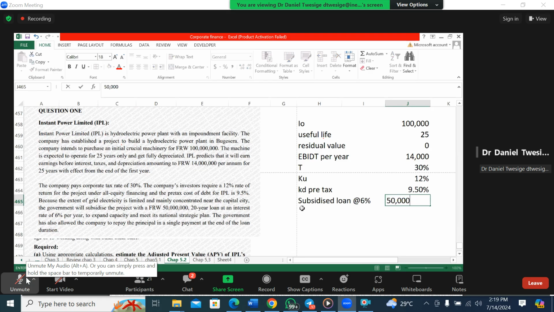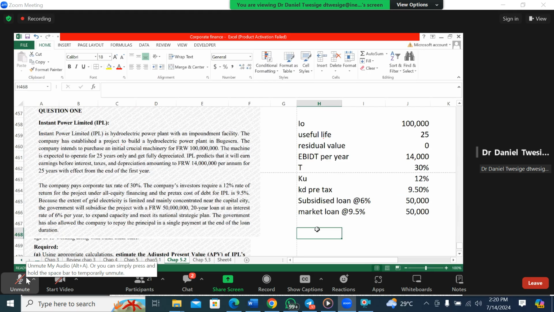Then it means market loan at 9.5 is also 50. The government has also allowed the principal to be paid in a single payment at the end of the loan.